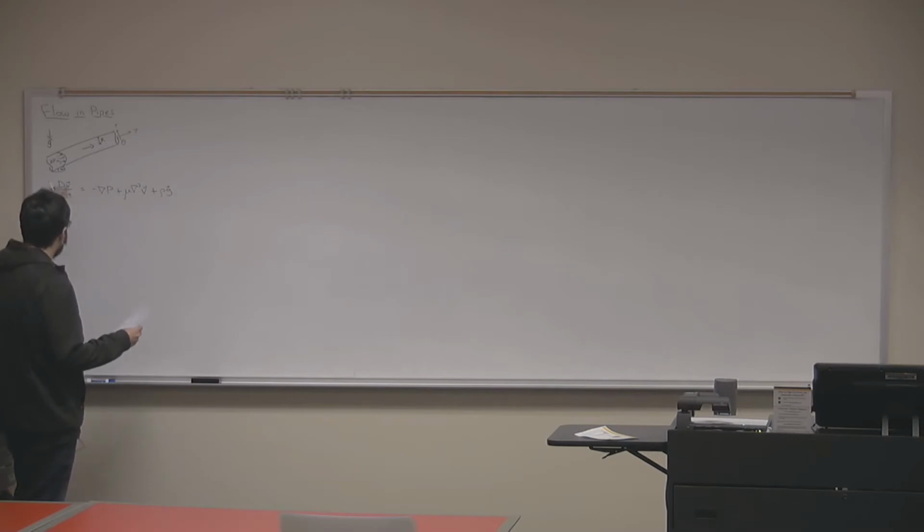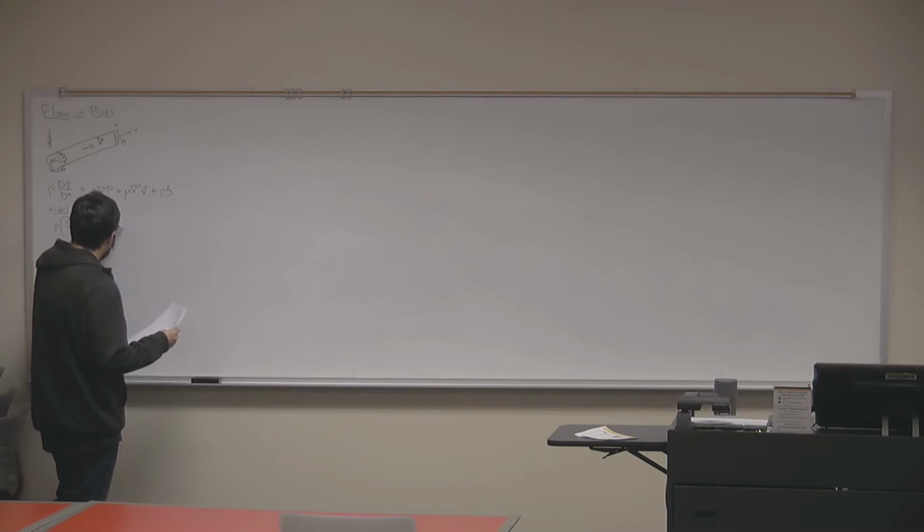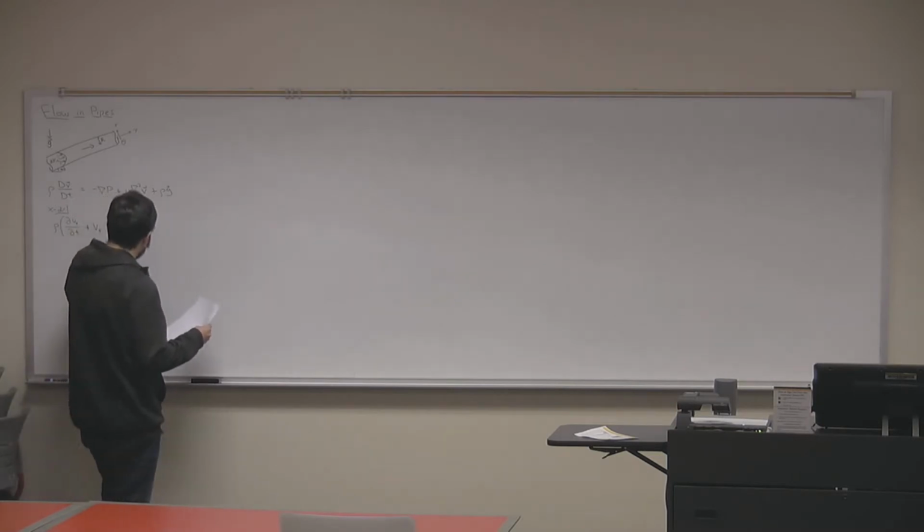We had our expansion of the material derivative in cylindrical coordinates, where I'm going to call the longitudinal velocity v sub x, the radial velocity v sub r, and the angular velocity v sub theta.